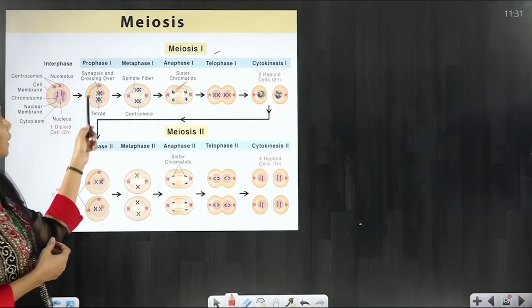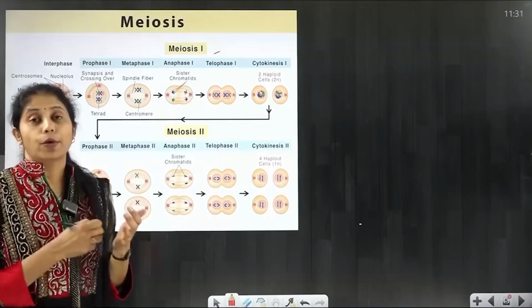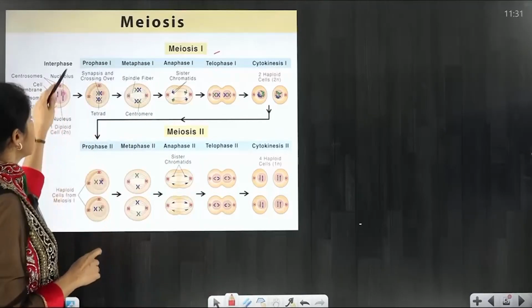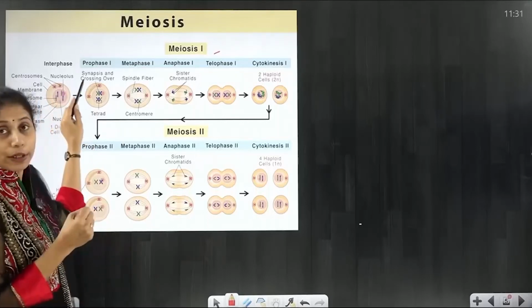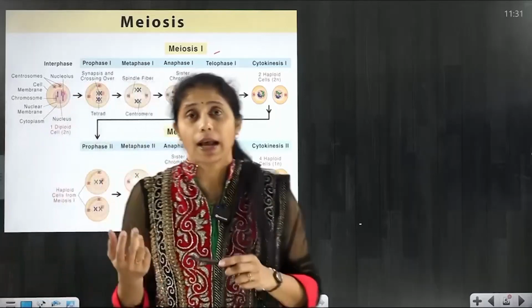When this type of cell enters into prophase 1, in prophase 1 you have leptotene, zygotene, pachytene, diplotene, diakinesis. There synapsis, the process of pairing, occurs, nothing but bivalent formation, and then crossing over, exchange of genetic material, will happen.